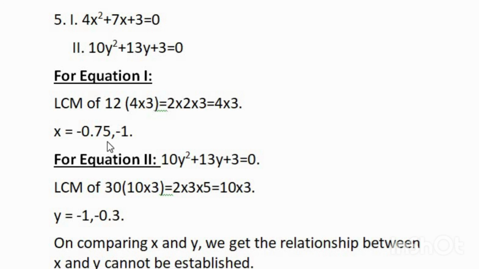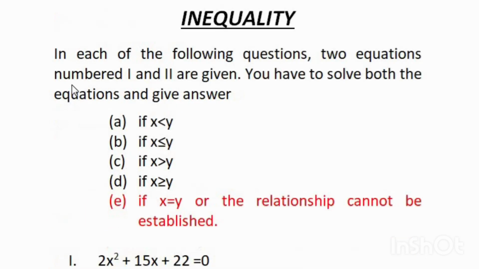So in some cases x is greater, in other cases y is greater, and in some cases x is equal to y. That means the relationship between x and y cannot be established. So in the fifth question, option E is the answer, that is x is equal to y or the relationship cannot be established. These 5 questions are from Andhra Bank PO 2015.